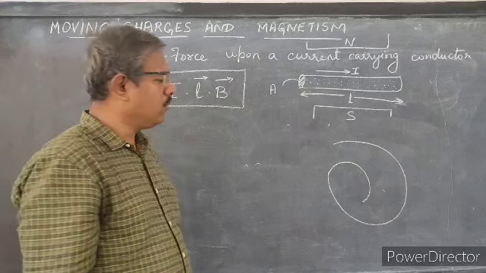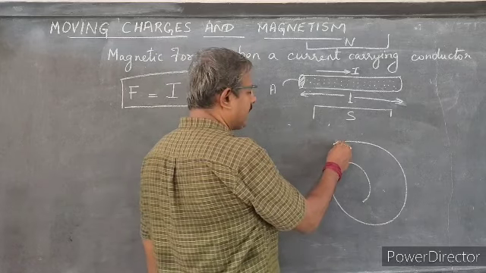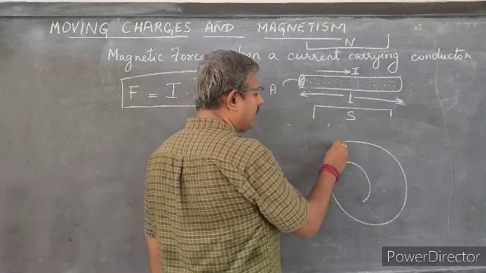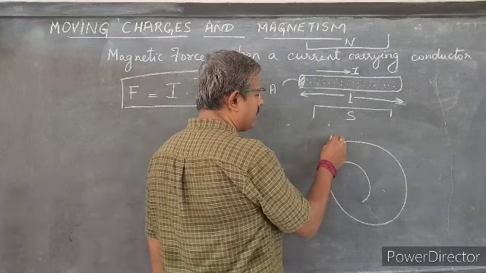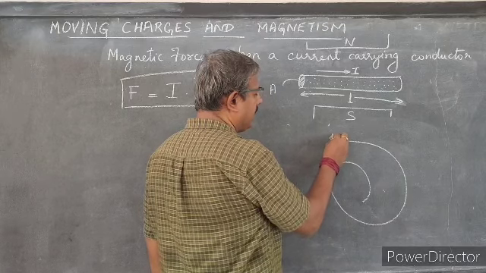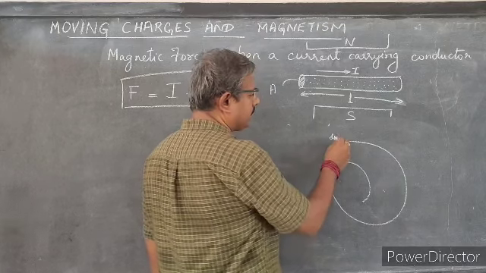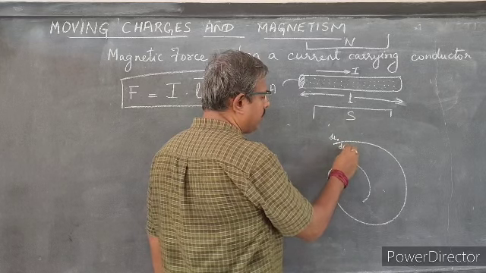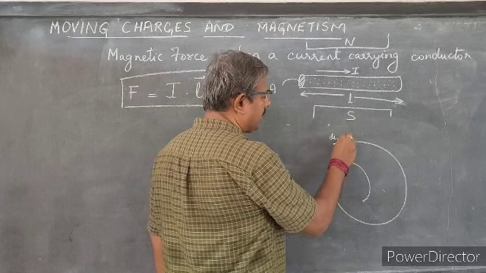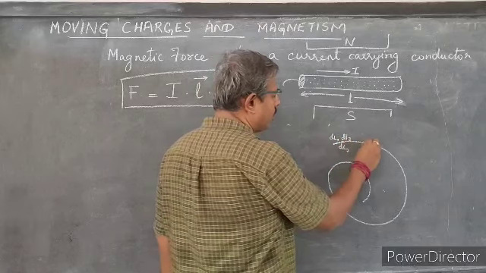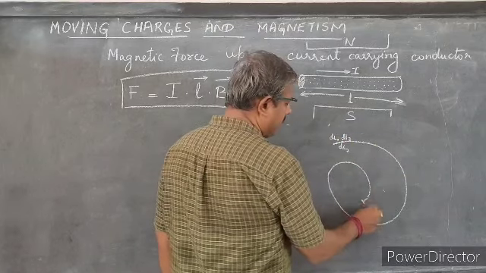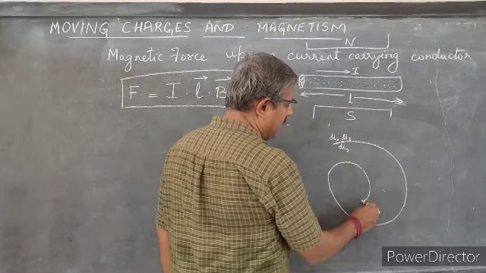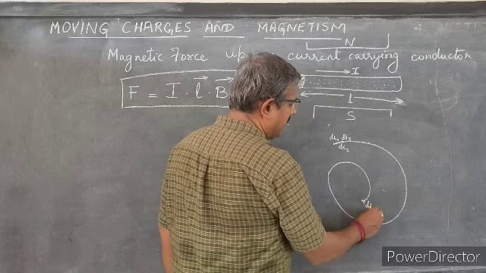So in this case, what we do is we divide this wire into small linear pieces, each of length dl. So dl1, another small length dl2, another small length dl3, and so on up to, let's say, the last piece, which is again linear in length, dlj.